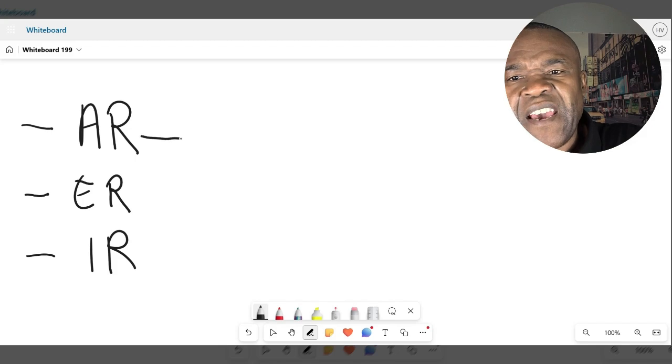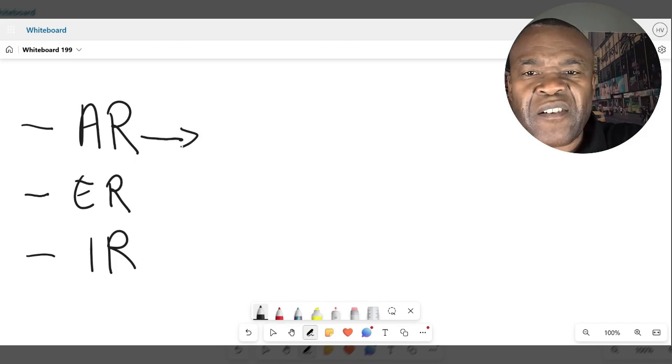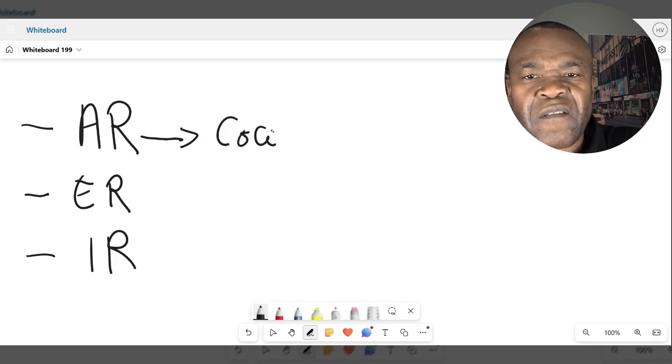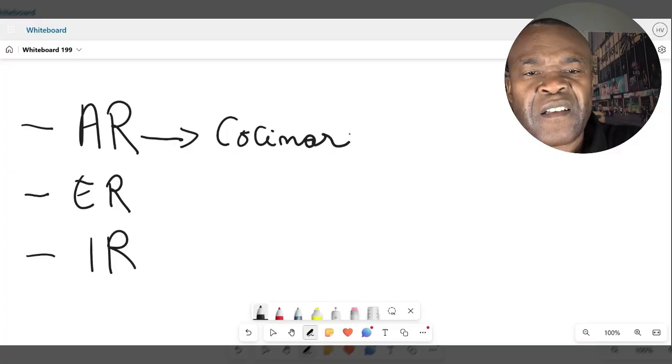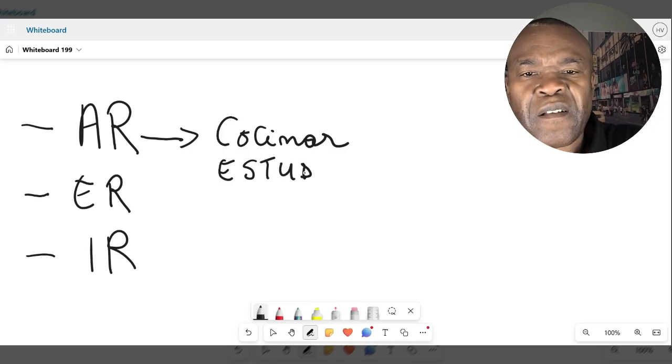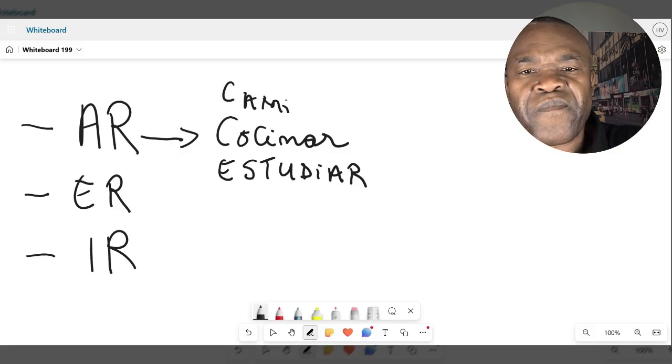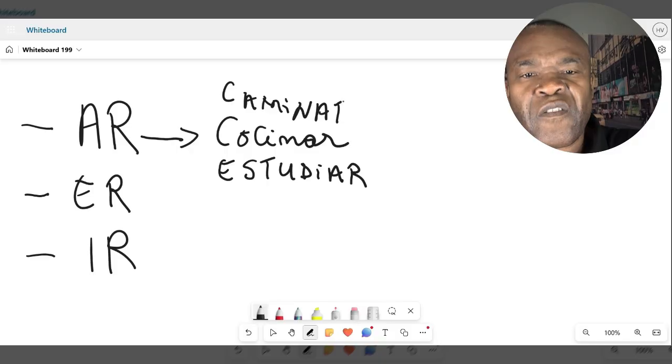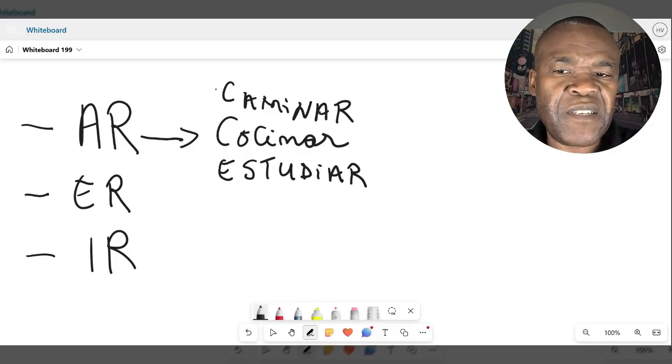Okay, in the AR family, you have verbs like cocinar, estudiar. Okay, and we can put one on top, caminar. Okay, so all these verbs belong to the AR family.